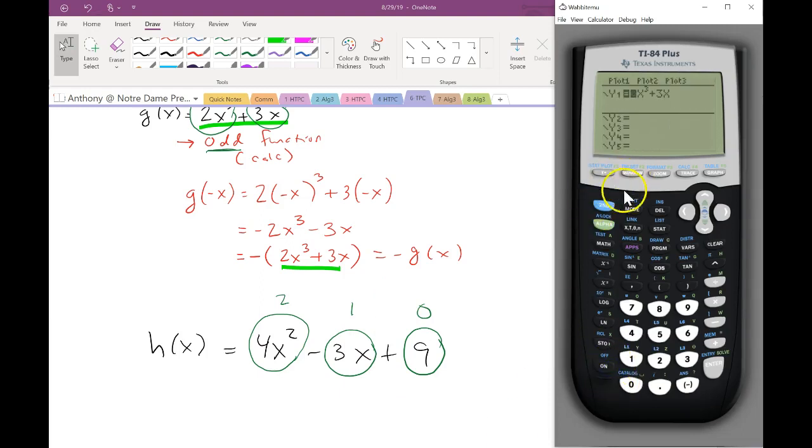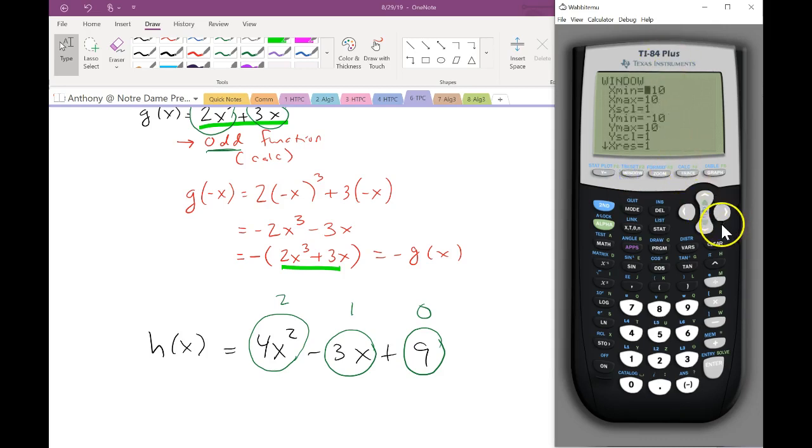Let's look at a picture in our calculator to see if it supports our notion that it's probably not either. So again, I'll just type in my function into my calculator. If we do zoom standard, we got a pretty crummy picture here.